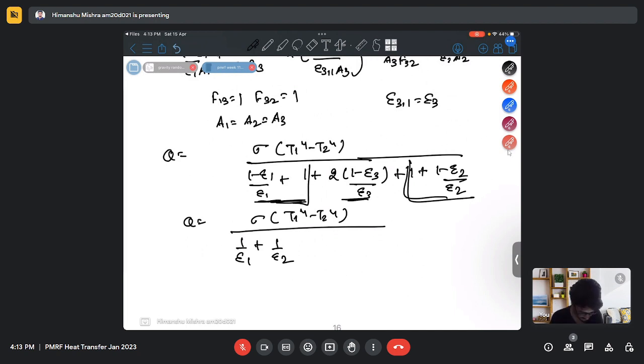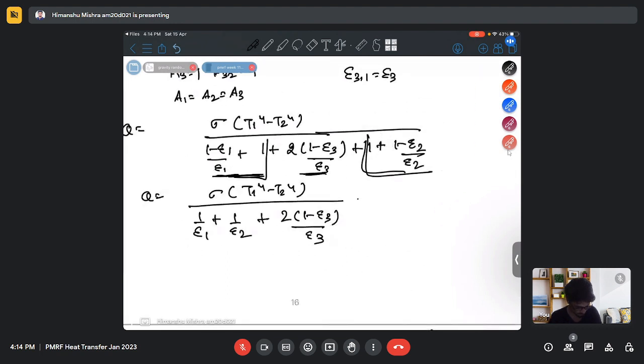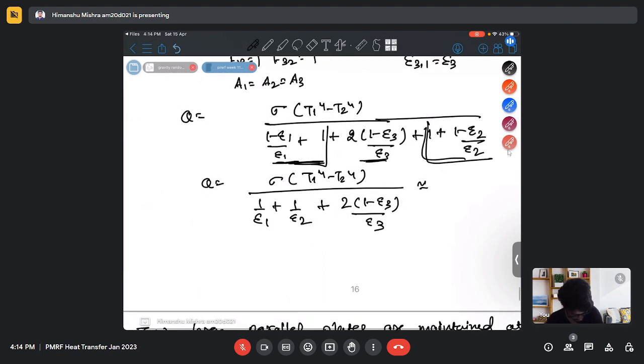And this part is, so this is my modified relation. Now I just need to plug in the values. So this is my heat transfer with shield.